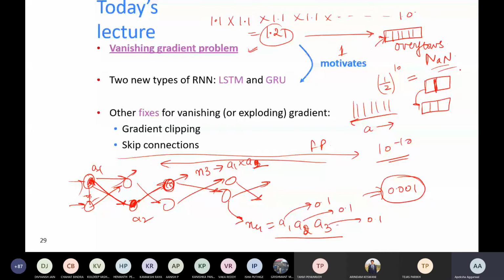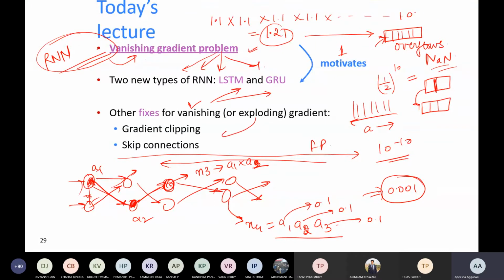To solve this, LSTMs and GRUs were proposed later on, and there are many other variants of RNN that were proposed to solve these problems. Vanishing gradient is basically solved by LSTM and GRU, while exploding gradient is solved by gradient clipping and skip connections. So we'll see why this is.